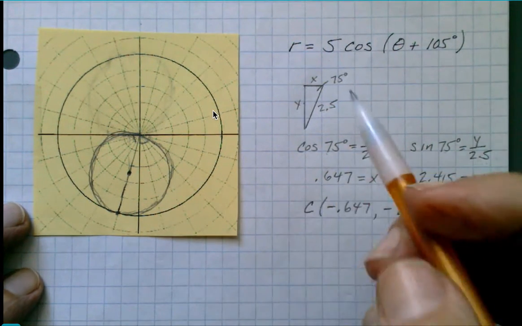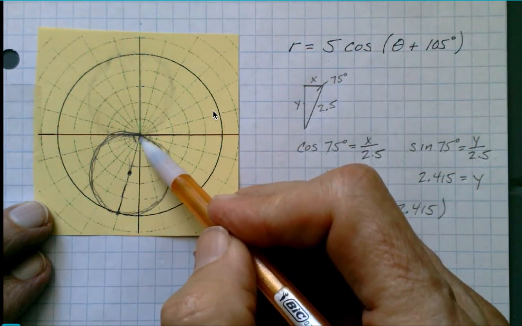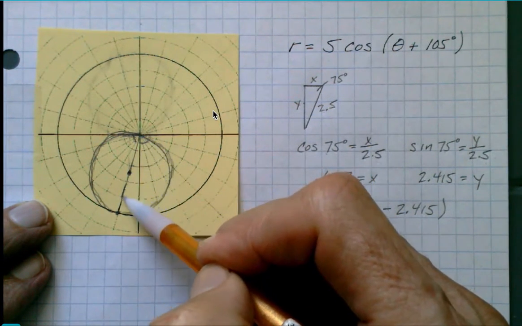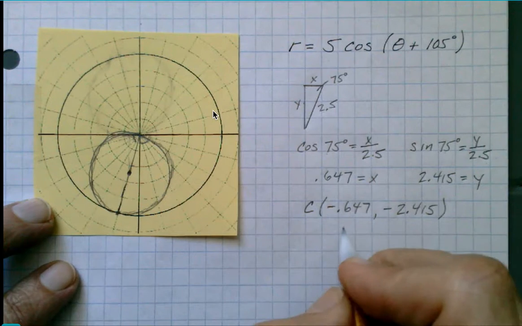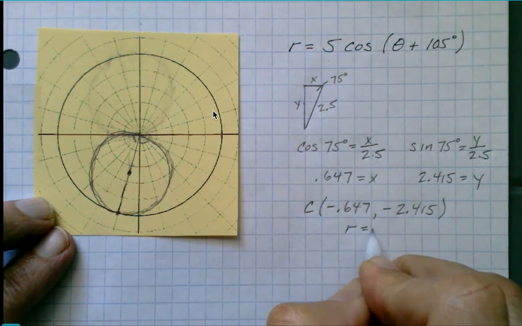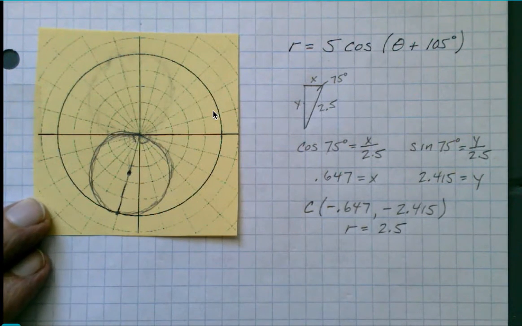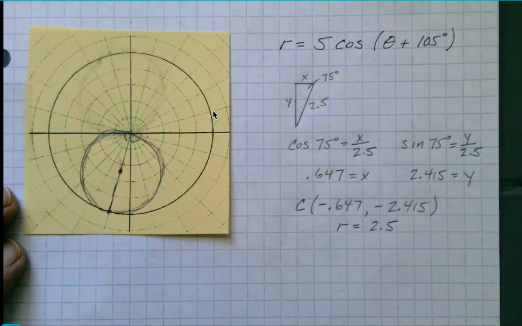And now the other part is the radius. Well, the radius, we know the radius is half the diameter. If the diameter was 5, the radius is 2.5. So we have a radius of about 2.5.